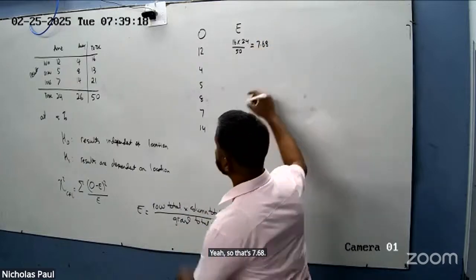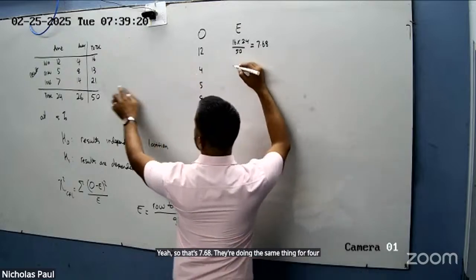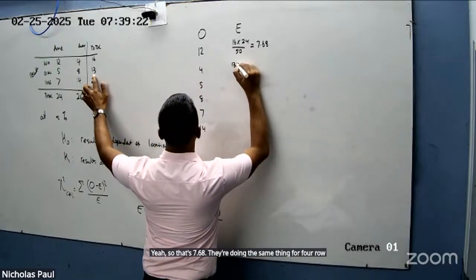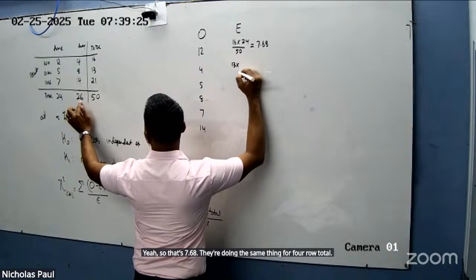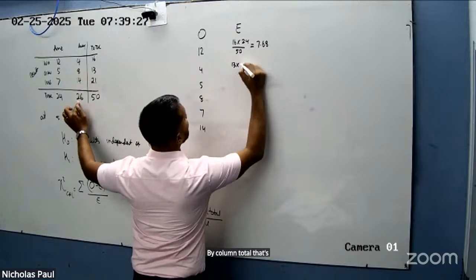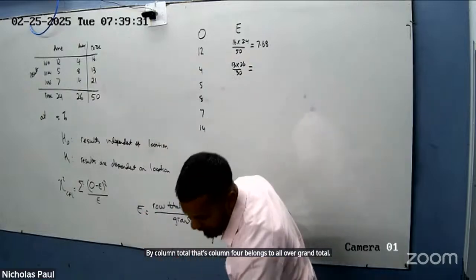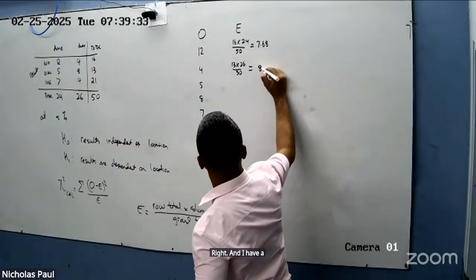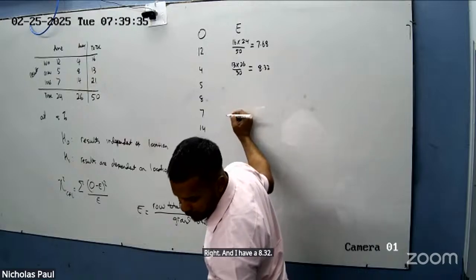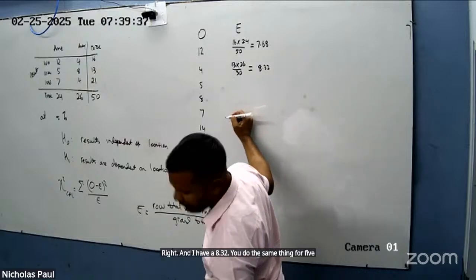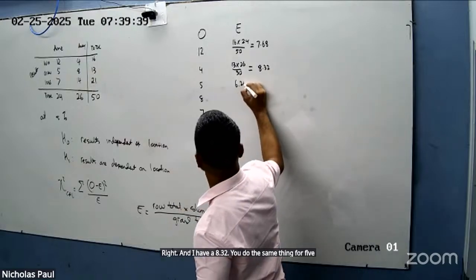You do the same thing for 4. Row total by column total, that's the column 4 belongs to, all over grand total. And I have here 8.32. You do the same thing for 5. 5 is 6.24.